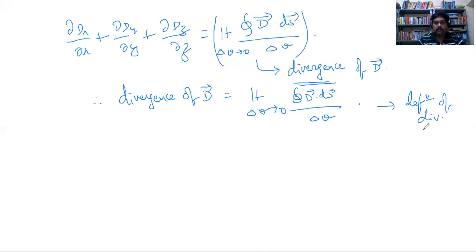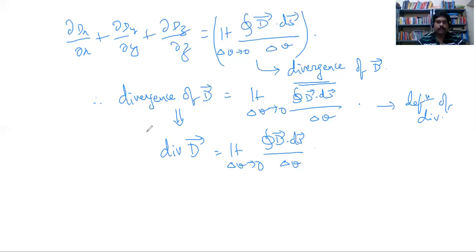Okay. So we will not write divergence every time. We will write divergence of D. So this equals limit delta V tends to 0 of the integral D dot dS by delta V, with limits. So this is the mathematical definition for divergence.